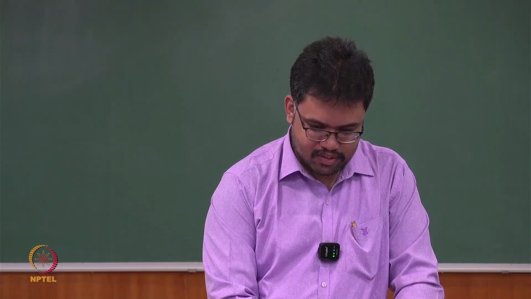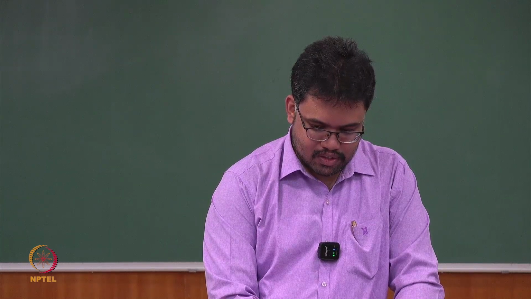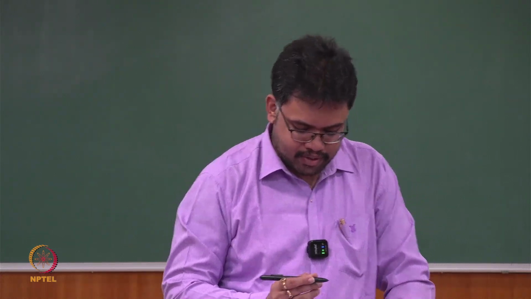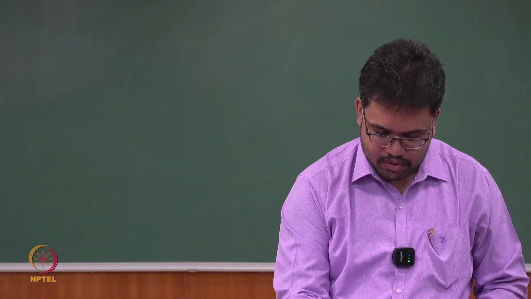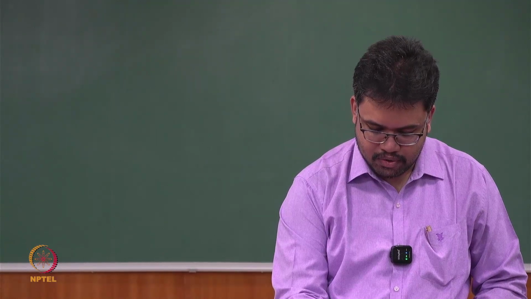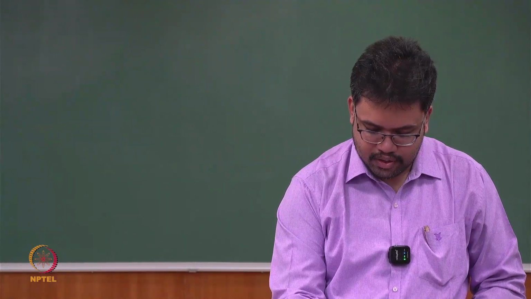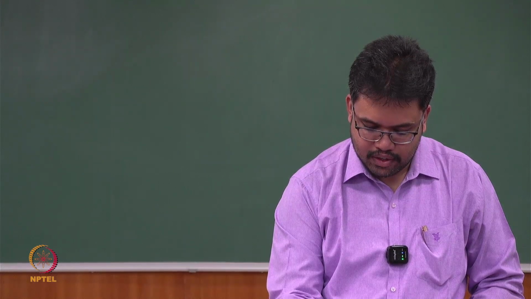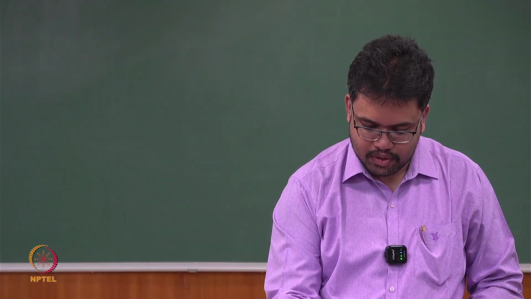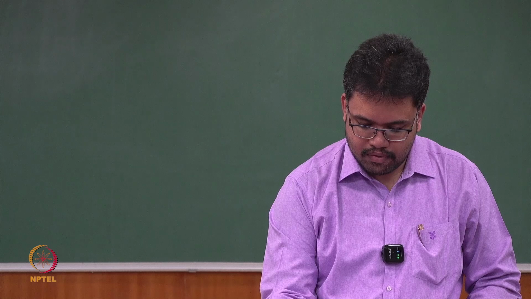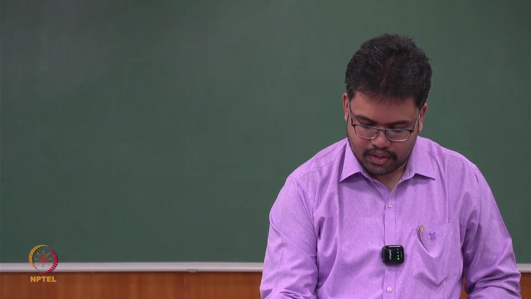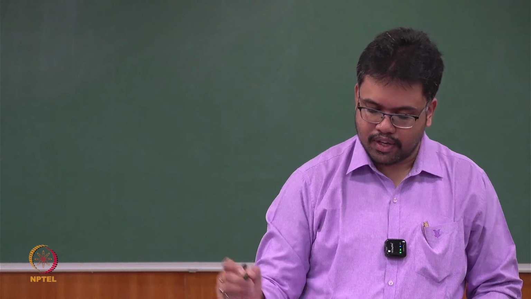just a minute, so let me rewrite once more. Xi plus 1 will be equal to xi plus delta t into xi dot plus delta t square by 2 xi double dot plus delta t cube by 3 xi triple dot plus higher.